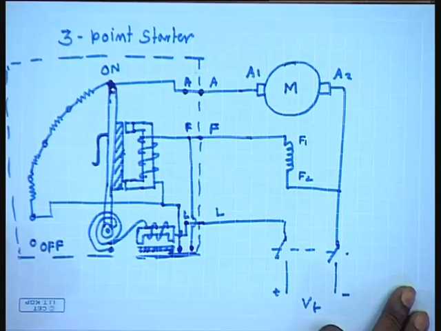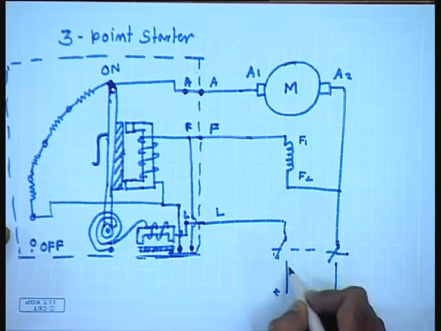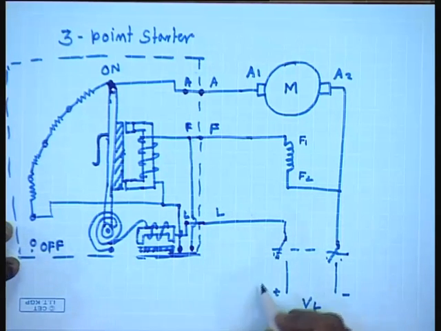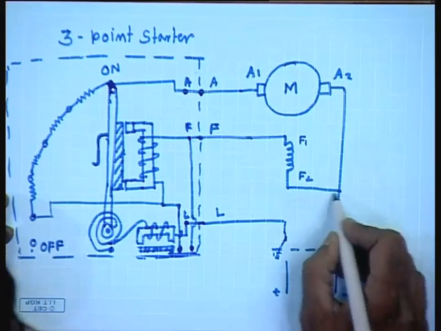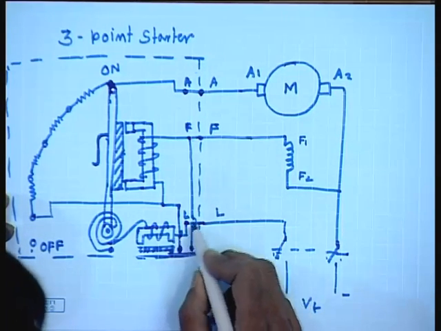So, initially this handle is in off position. When we switch on the supply, then first the field circuit is excited through this and through this line.